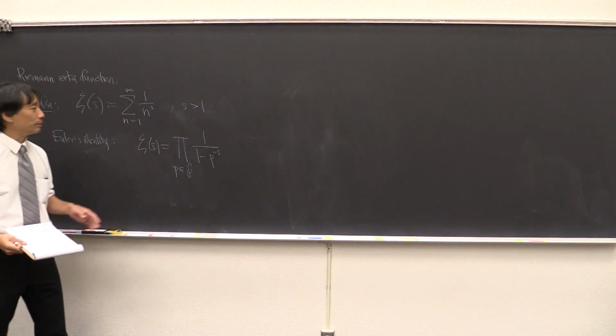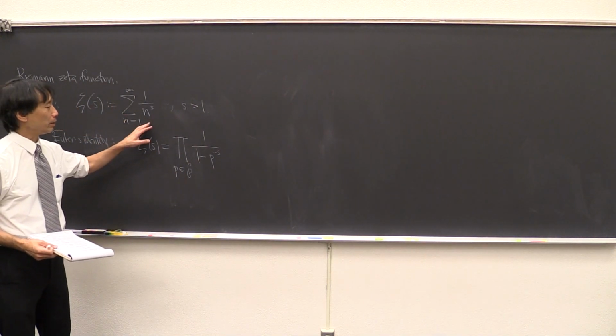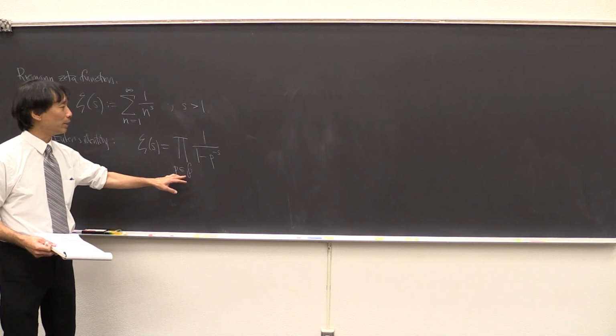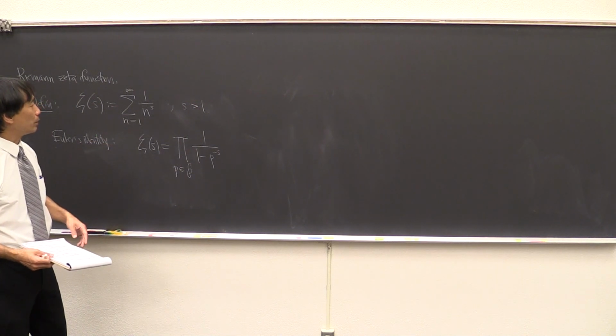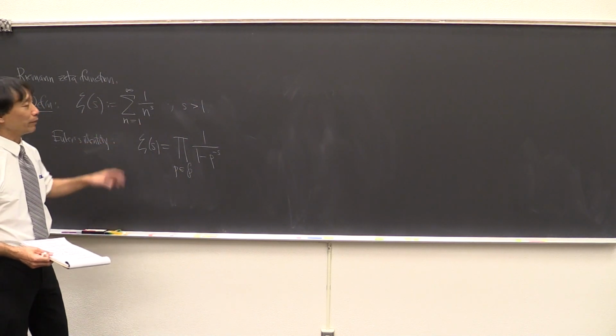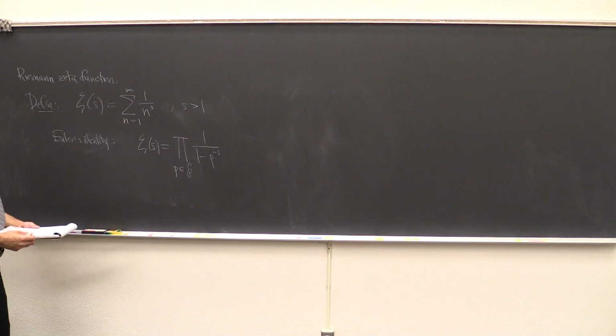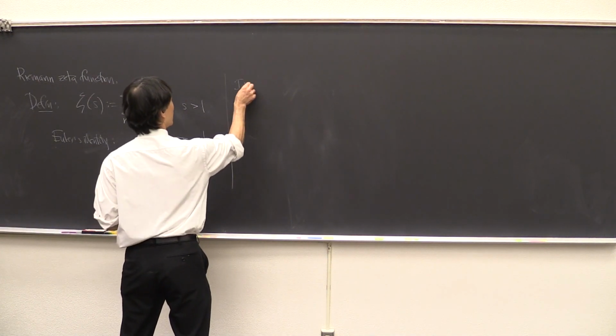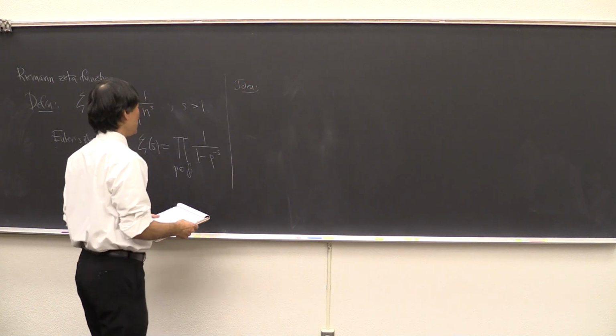Okay, so if you take this infinite product over all primes, you can recover the zeta function. And so the idea is as follows.